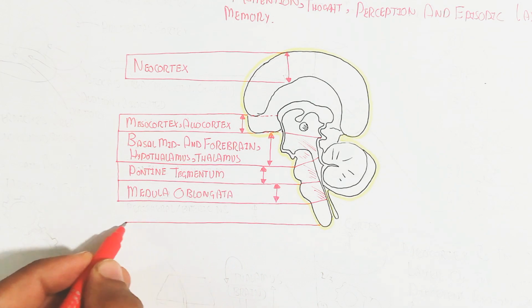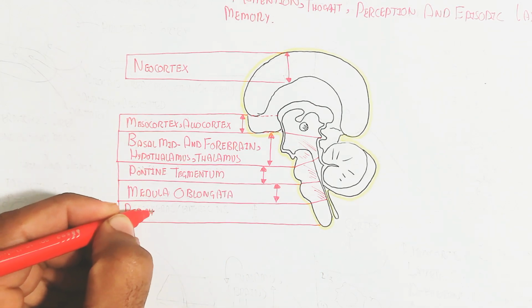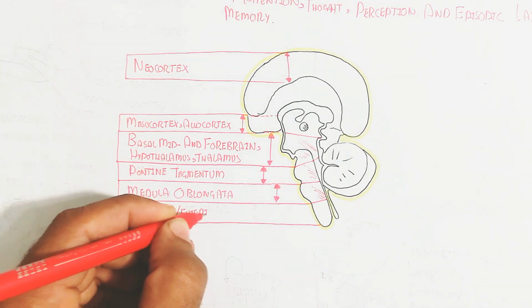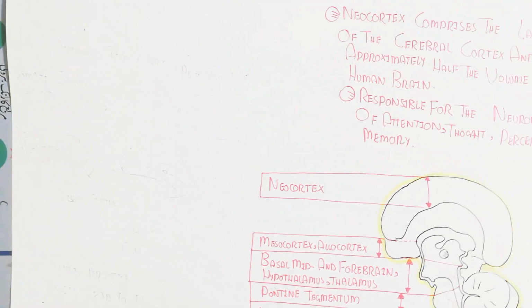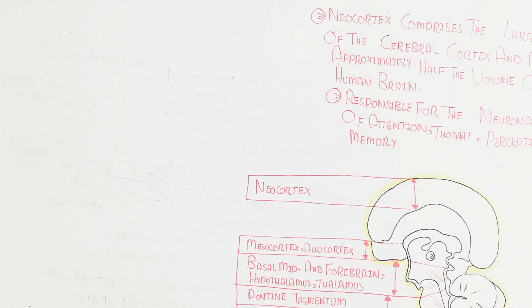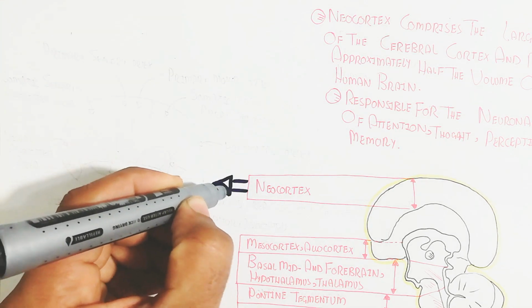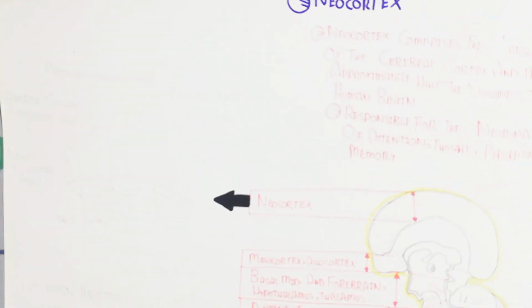And the cerebellum is behind, for motor control and motor function normally, and the cerebral cortex is the primary sensory cortex. Let's begin to understand the neocortex.